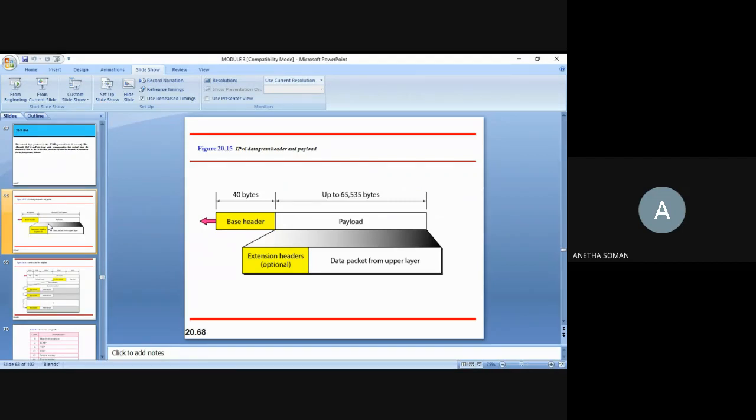Each packet in IPv6 again has two parts. One is the base header or fixed header field, and the other one is the payload field. Now, when you are comparing IPv6 and IPv4, the most important thing lies in the header field.